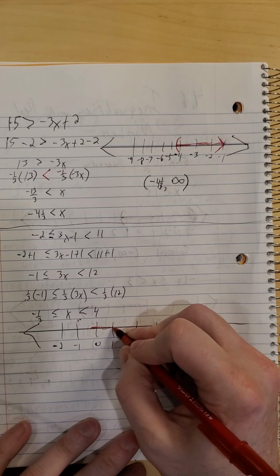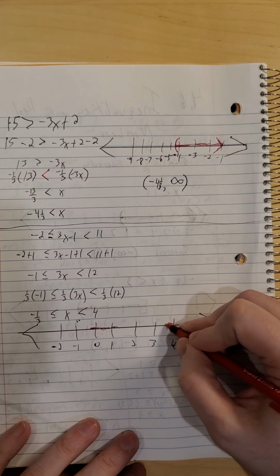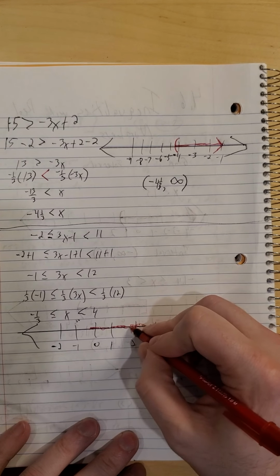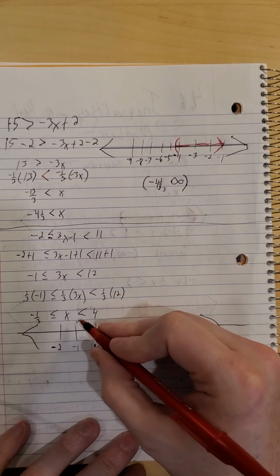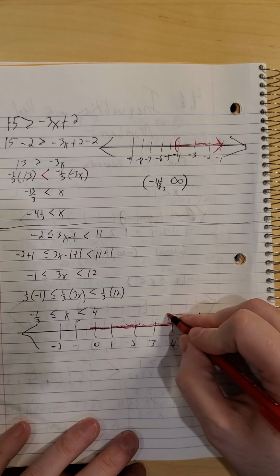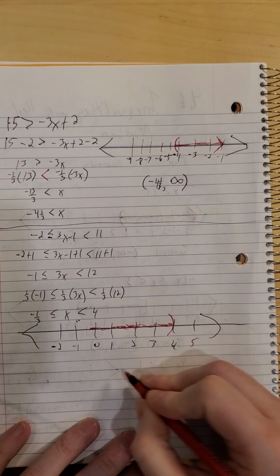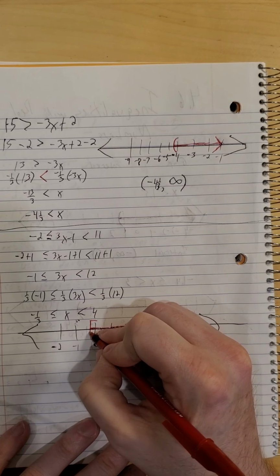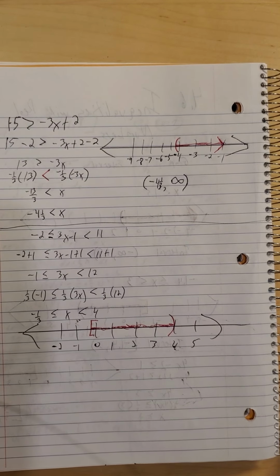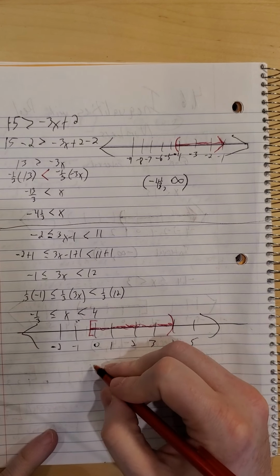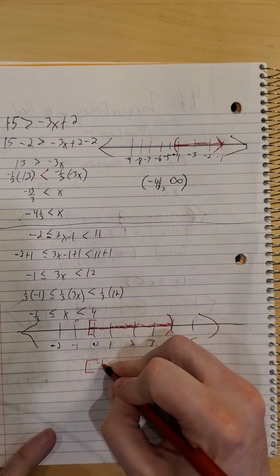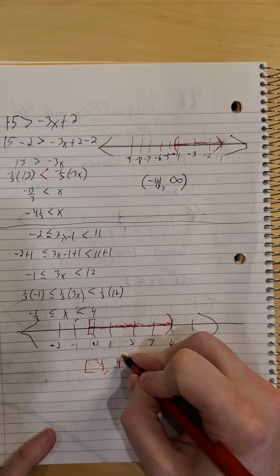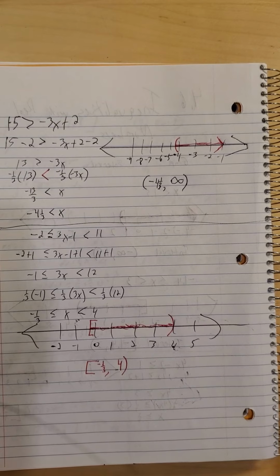And shading, moving towards the 4. At 4, we should start moving down. So we keep that middle section. The 4, strict inequality, we can only get close. That will get a parenthesis leaning towards where we shaded. -1/3, we have the or equals. That we keep. So that got a nice neat bracket on it. So our solution in interval notation, -1/3, which has a bracket, up to but not including 4, so the 4 gets a parenthesis.